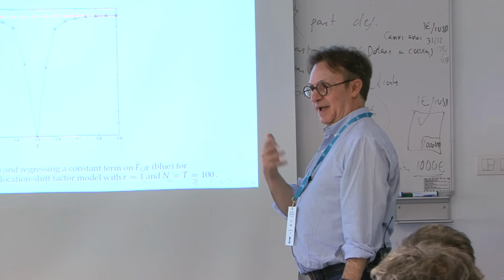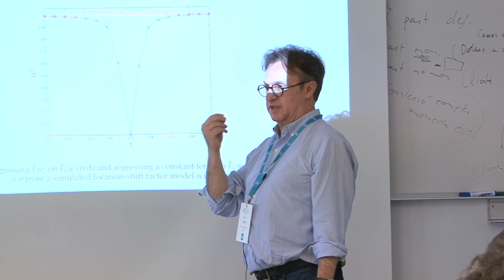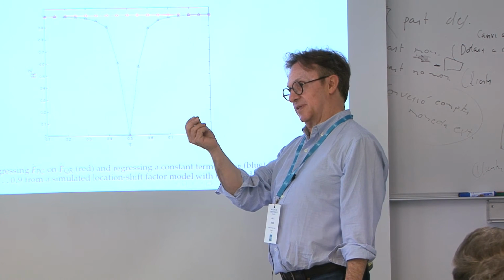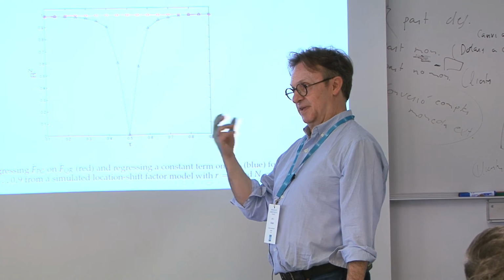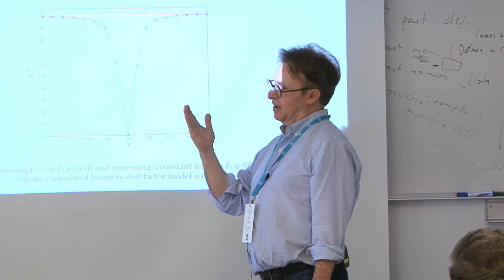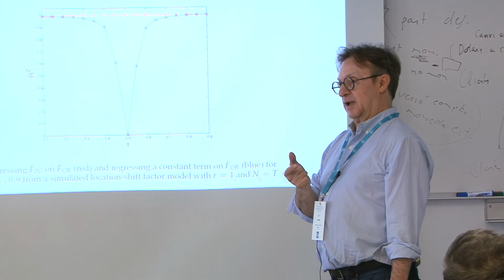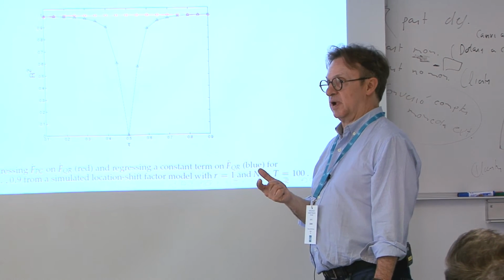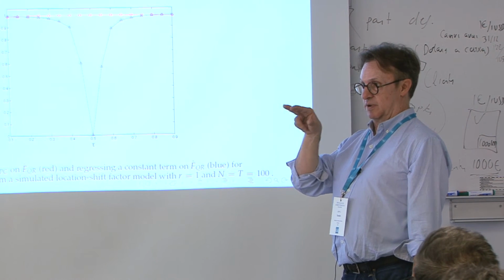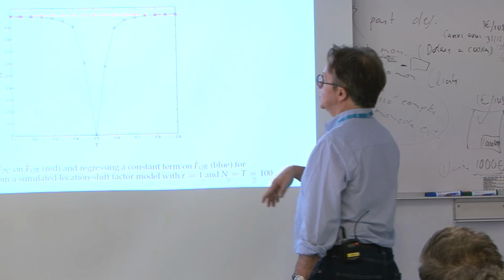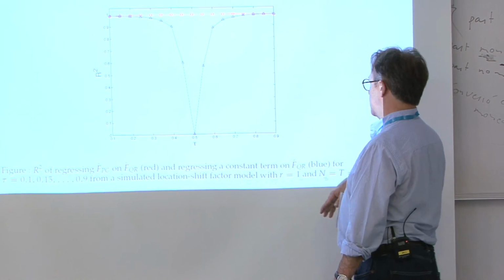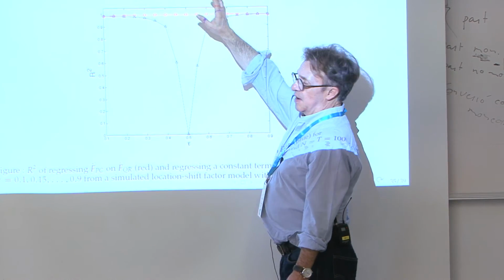So that's the basic idea of deriving these R squares and confidence intervals for them. If you reject that these R squares are high, then you are neither in the case of a pure location model nor in the case of a location scale model with the same factors, rather than different ones. So this is just a Monte Carlo of the R square of a factor.